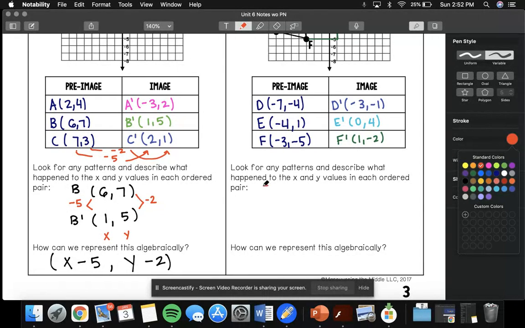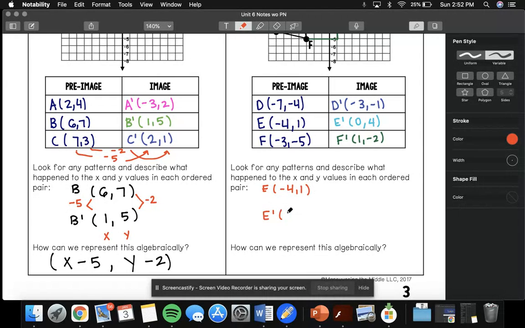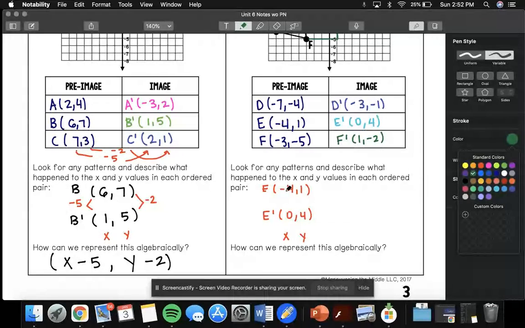I'm going to pick E, -4, 1, and E prime, 0, 4. Again, we have our x coordinates and our y coordinates. Okay. Now, how we transform to go from -4 to 0 is we would have to go up 4.